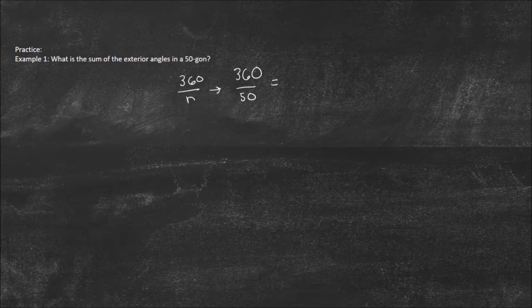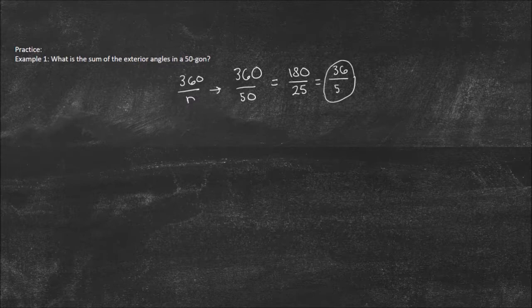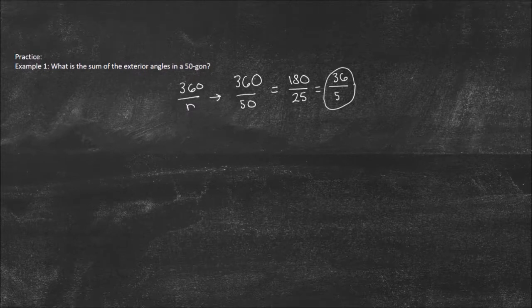Let's divide everything by 2. We get 180 divided by 25. We can then divide everything by 5. What will we get? We'll get 36 divided by 5. And can that simplify further? I don't think so. I think that's going to be as far as we go. So we'll get 36 divided by 5.